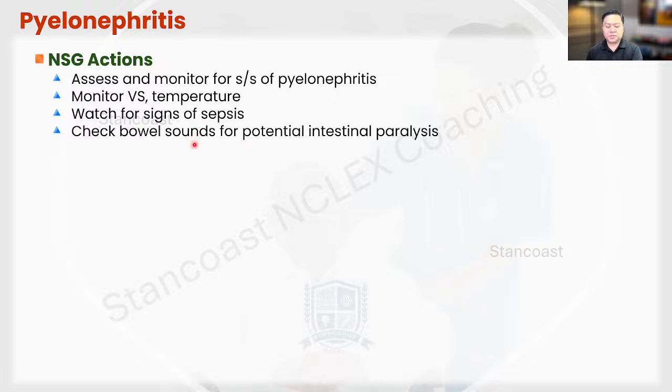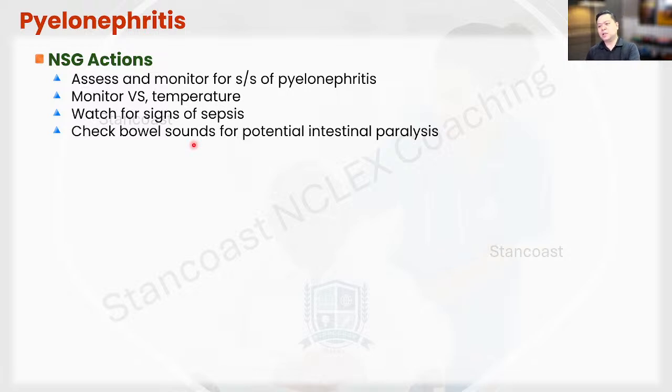Our role here is to also check the patient's bowel sounds for a possible intestinal paralysis. We call it paralytic ileus because of the proximity of the bowels to the infected kidney. We have to monitor it at least once a shift. All right.